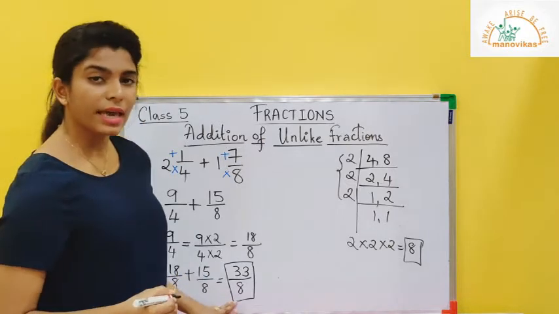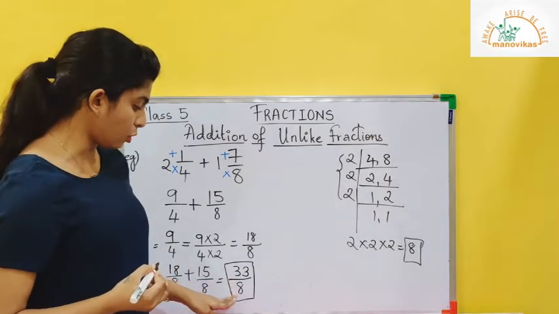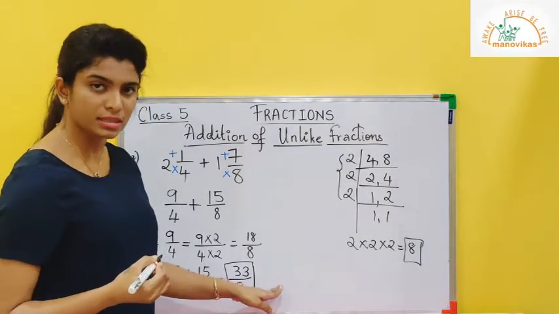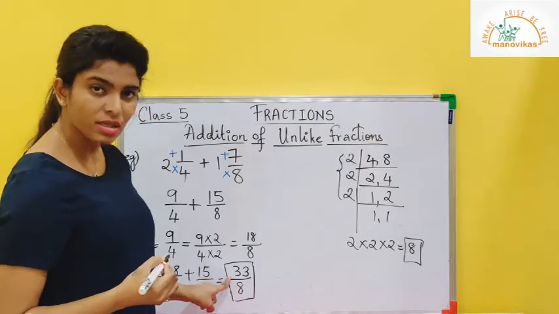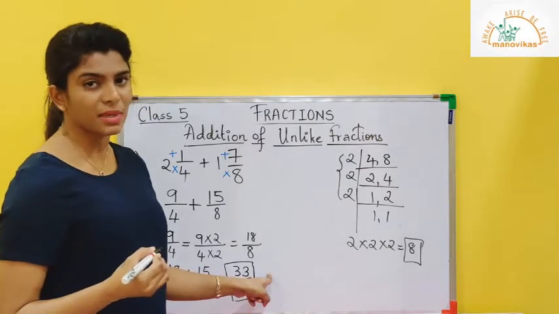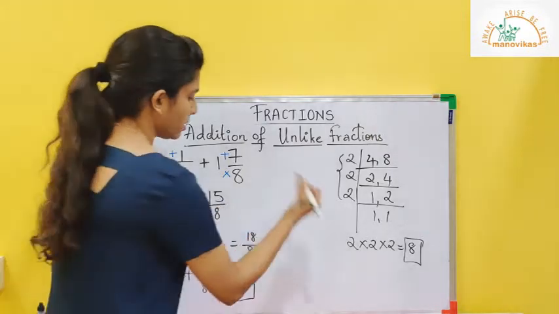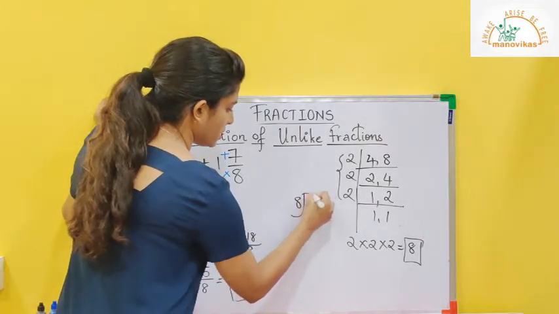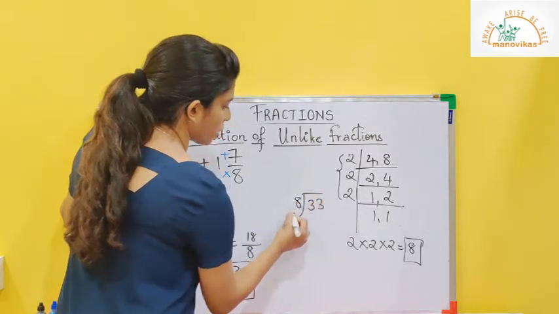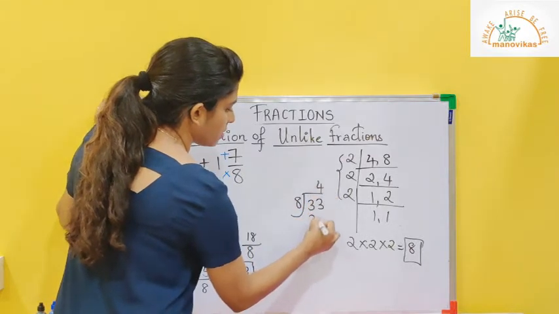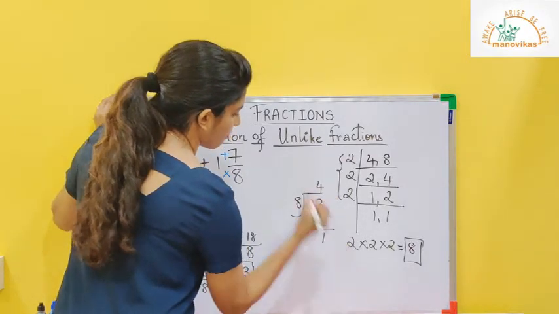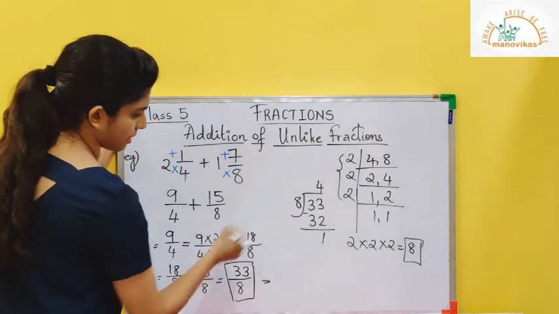But we can convert this 33 upon 8 into a mixed number. This is an improper fraction. I can convert this into a mixed number. How to do that? So we have to do this division. So 8 4s are 32, remainder 1. So how to write this now?